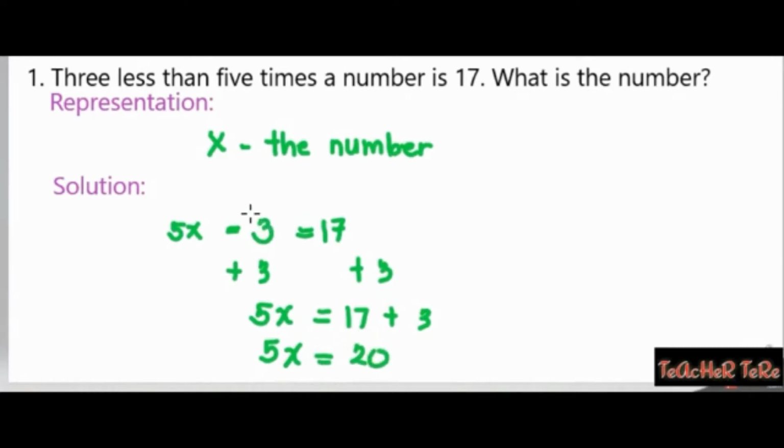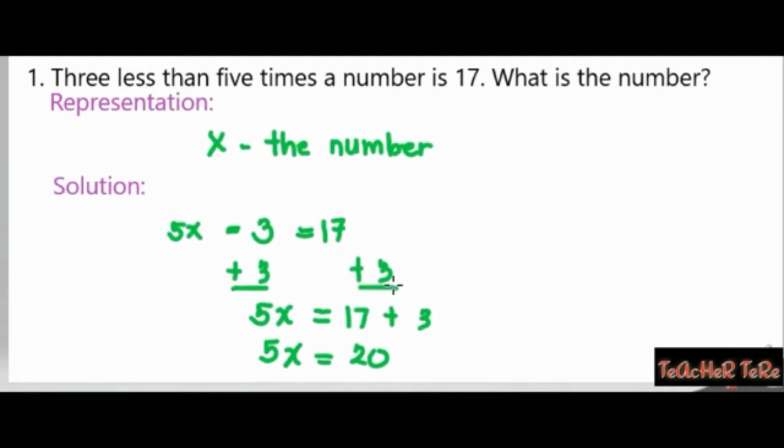Take note of this, from minus 3, naging positive 3 siya, or from negative 3, we have positive 3. They call this one transpose when you were in high school. What does it mean by transpose? From negative 3, naging positive 3 siya in the other side of the equation. Lumipat siya dun sa equal. They call this one transpose, or the shortcut of what really happened is addition property of equality.